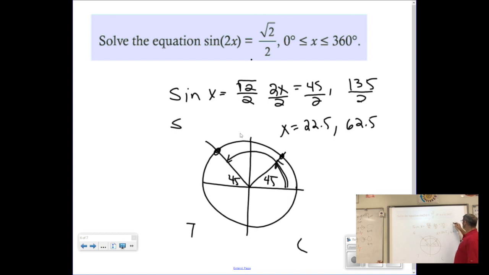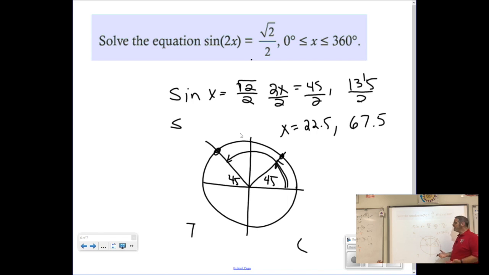Let me double check. 2 goes into 13 6 times, remainder 1. 2 goes into 15 7 times, 0.5. Yep, that's it. And that's how you come up with it.